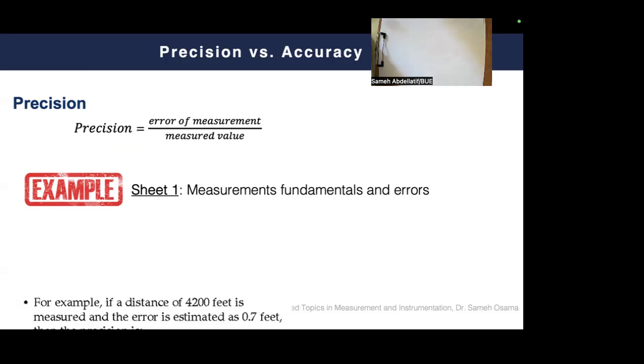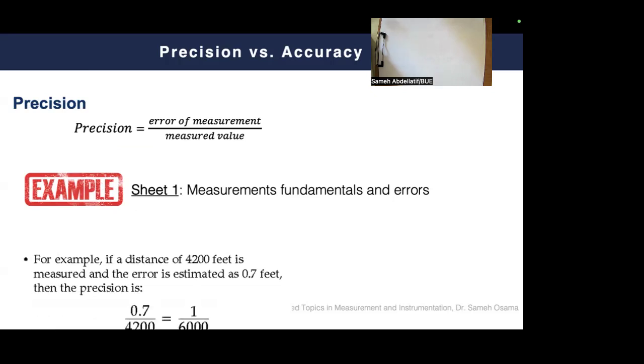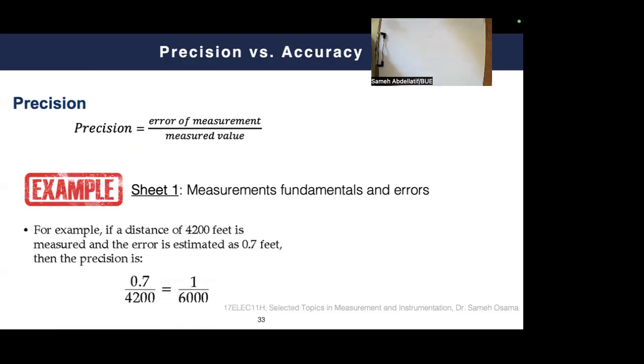So for example, if I told you that I measured a distance of 4,200 feet, and I found a variation of 0.7 feet, over, for example, 100 measurements.